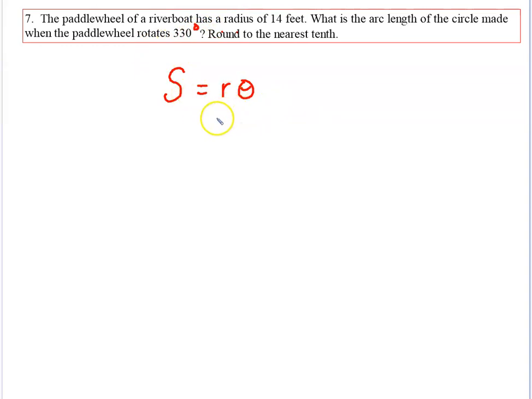So there's a formula that we learned a few weeks ago to find the arc length of a circle, and the arc length is denoted here as this S, and the formula is arc length equals radius of the circle times theta, the angle that's represented, but this has to be in radians. This formula will not work properly if theta is not given in radians. And in this problem, it's not. It's presented in degrees.